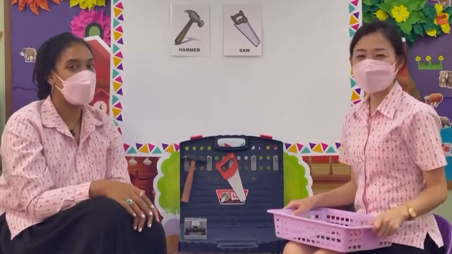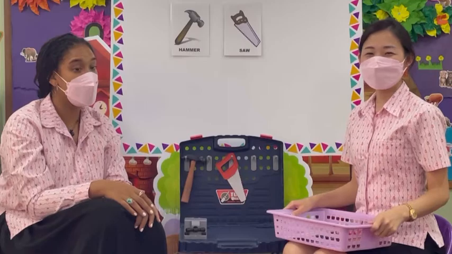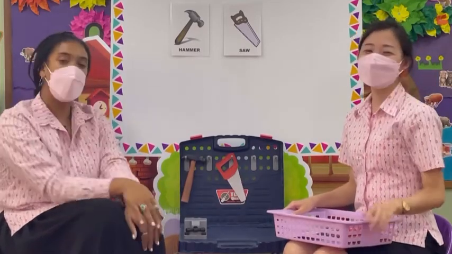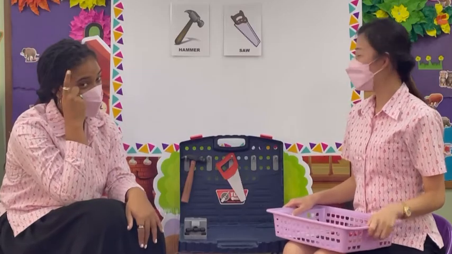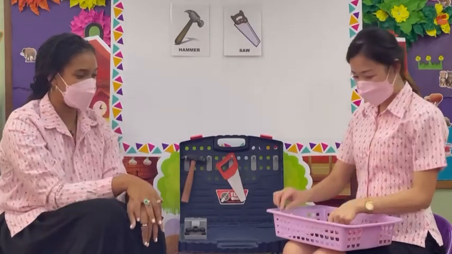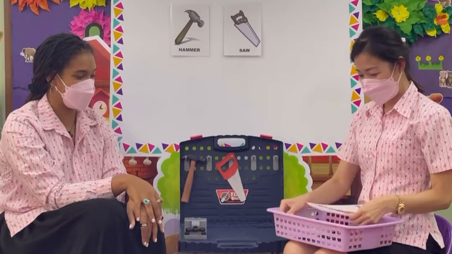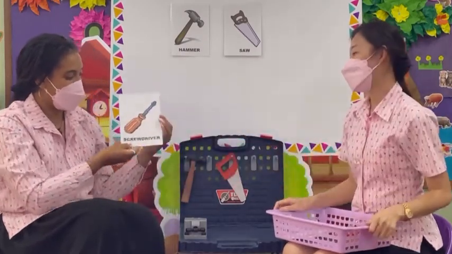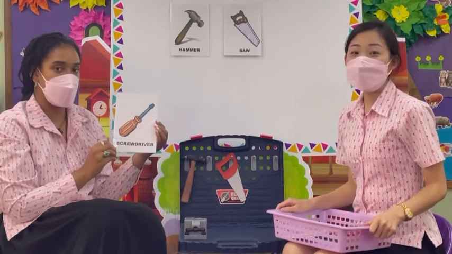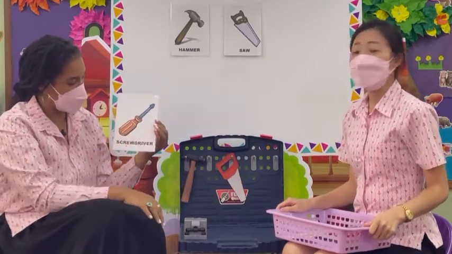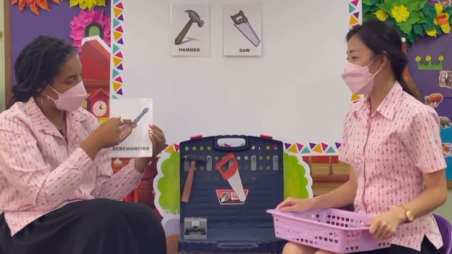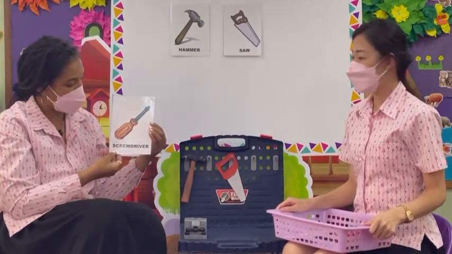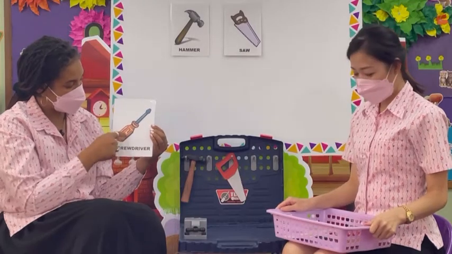Okay, next. Our next tool that we might find in our toolbox, tool number 3. What could it be? What is it? Ta-da! Here we have a screwdriver. And we use a screwdriver to screw in nuts and bolts.